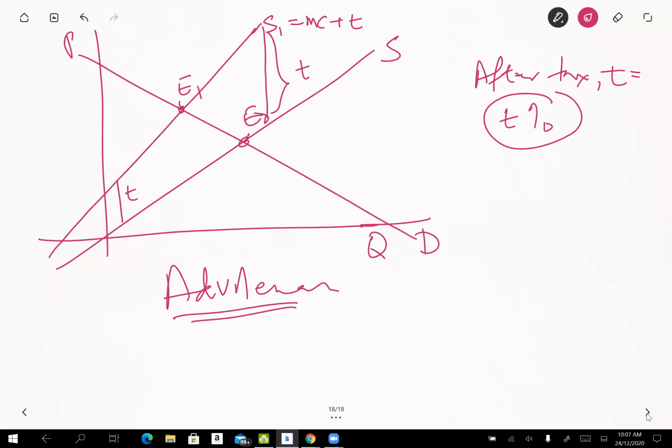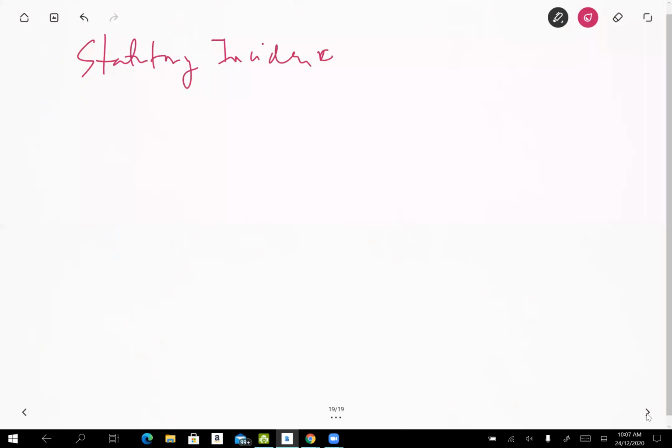Now, number two, we look at the statutory incidence versus the economic incidence. Okay, here is the thing.